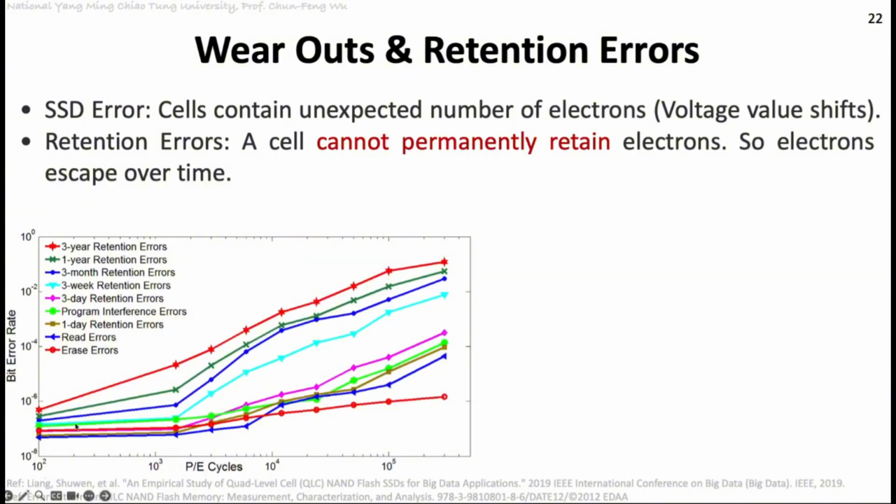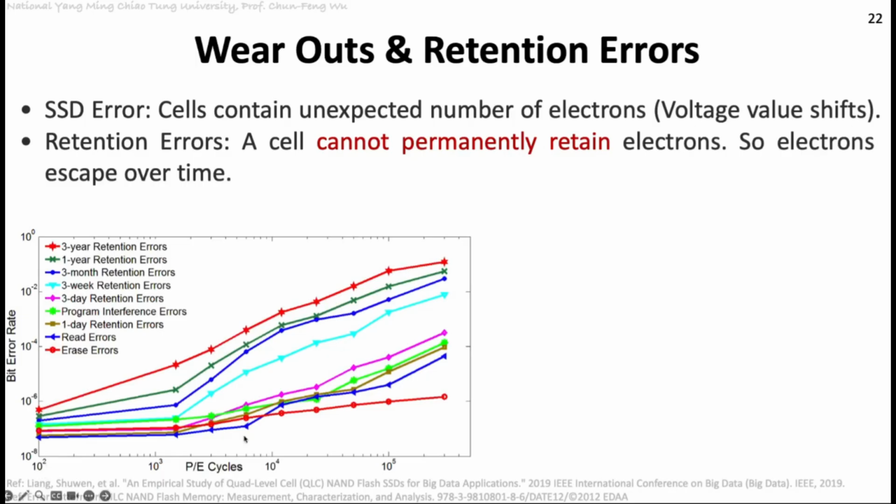So we write 100 times of 1 terabyte of data, and then we erase 100 times, and we stop, and we just put it there for 3 years. Actually, the error rate will be 10 to the minus, I think this is 6.